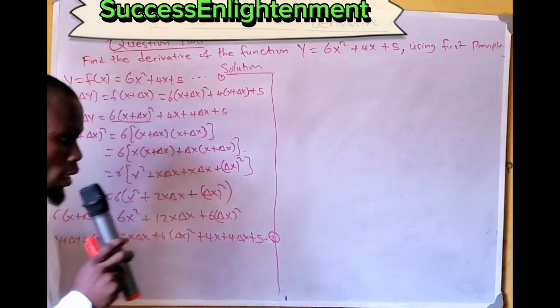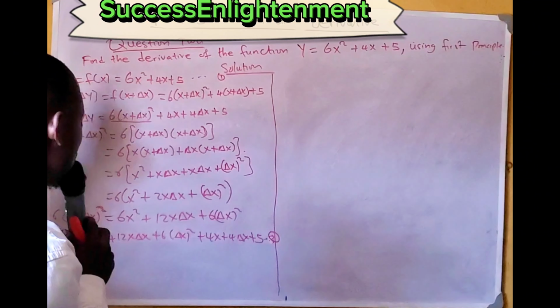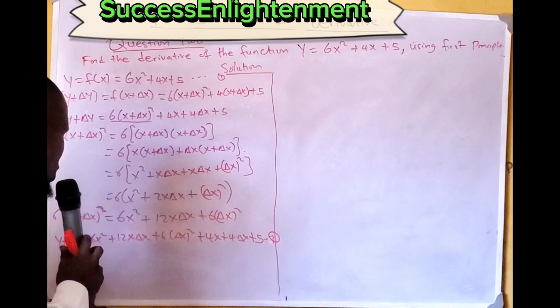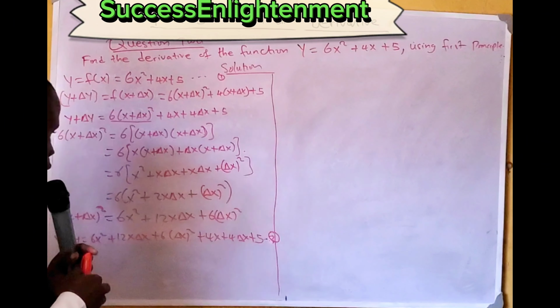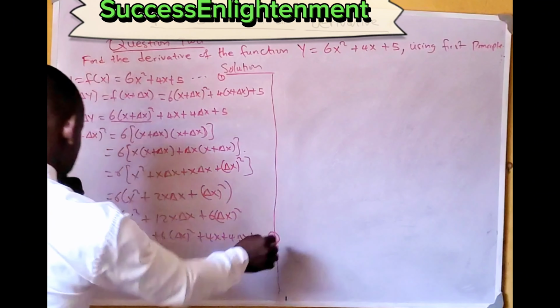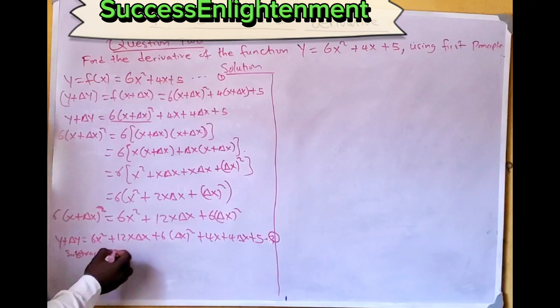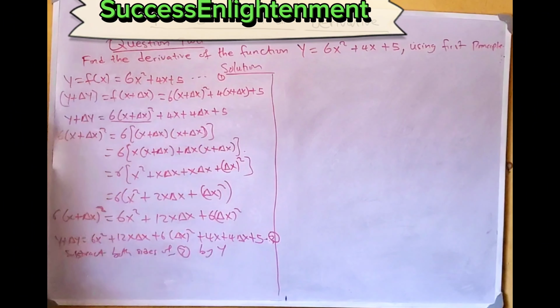So now we have the equation of y as a function of x, and we are finding the equation of y plus change in y as a function of x plus change in x. The next thing we are looking for is our change in y. To find change in y, all we have to do is subtract both sides of equation 2 by y.